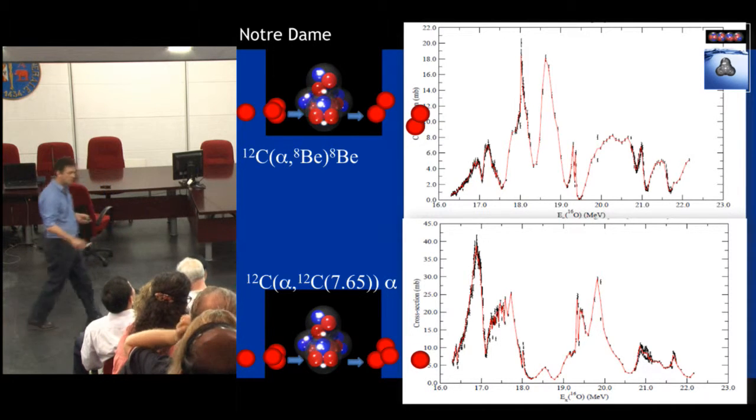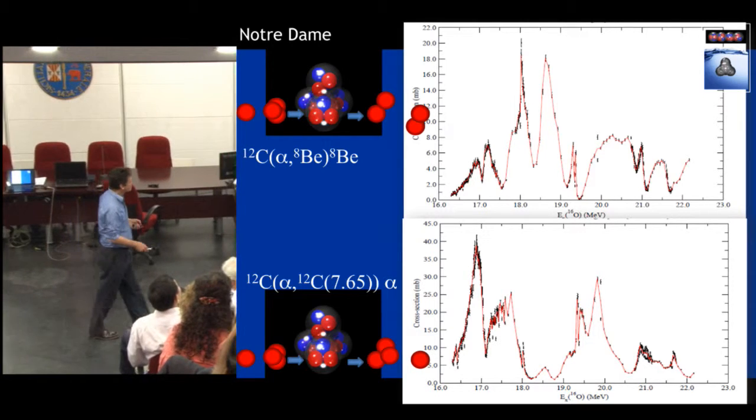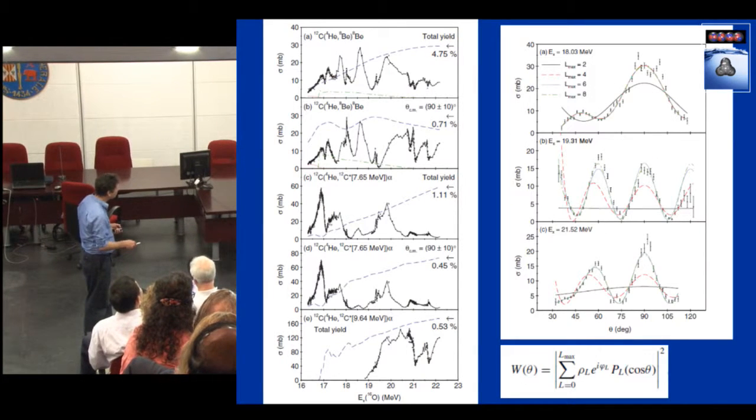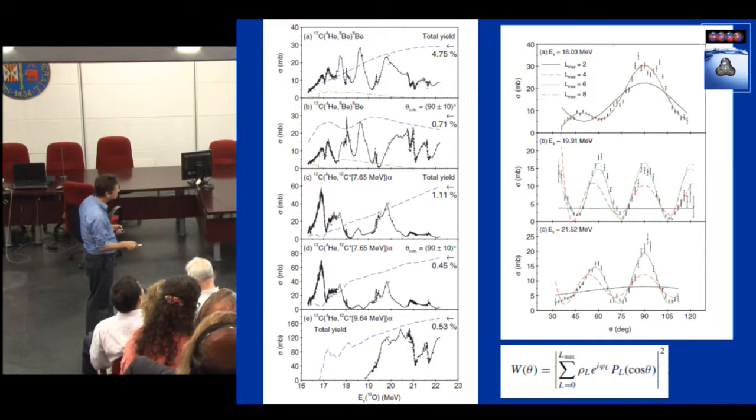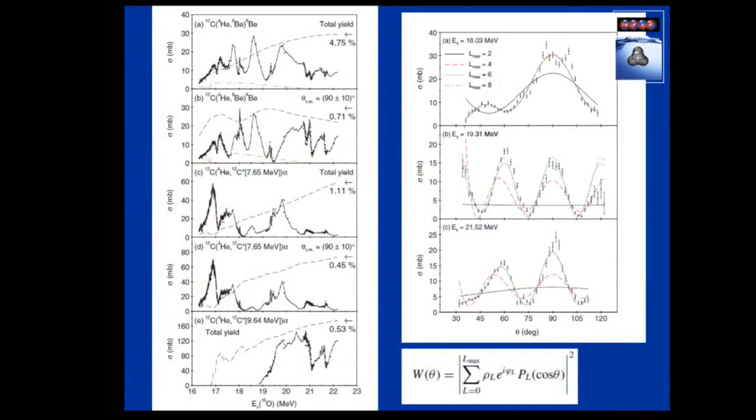I'm nearly done. What this shows is just a compilation. We also measure the decay to the triangular configuration in carbon-12, so the 3- state. We were able to measure for each of those 400 data points complete angular distributions, and we can fit those angular distributions with a functional form which looks like this, which tells us the amplitude of each angular momentum, the phase, and here's a Legendre polynomial, and here you can see some fits.